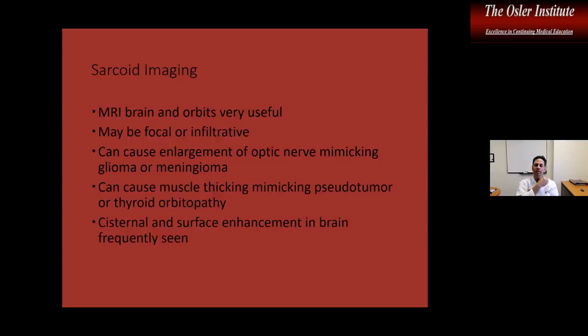Whereas a young Black female, I would be thinking more sarcoidosis, but it could be orbital inflammation too. It could be thyroid eye disease too. So just the general demographic and just a few clues can lead you towards a certain path, but you always have to keep an open mind.